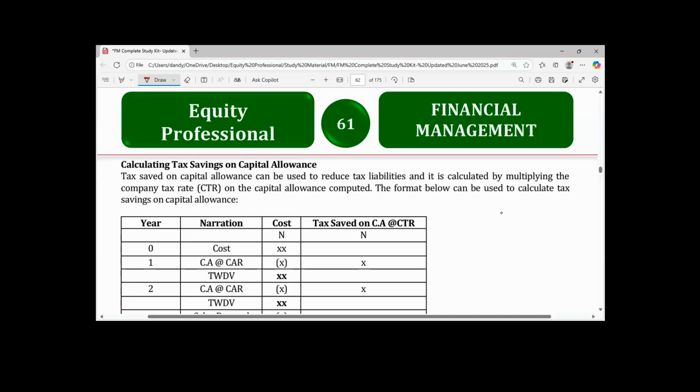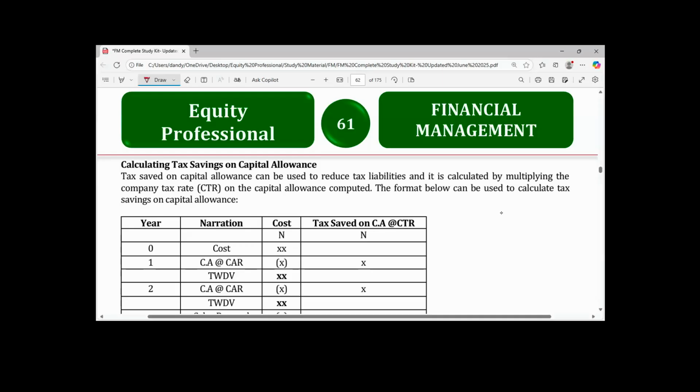After the discussion of relevant techniques, we moved to discussing relevant cash flow, how to identify relevant cash flow. We talked about variable costs, fixed costs, incremental, attributable, specific, direct fixed costs.